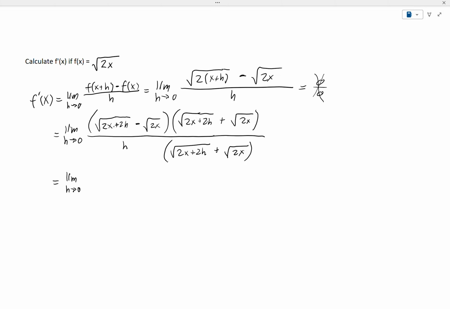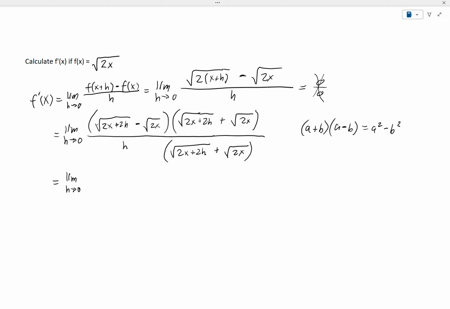Whenever we multiply something by its conjugate, this simplifies things really well for roots. Because imagine if we were to do FOIL with this, multiply by this, and then this, multiply by this, and whenever you do FOIL like this, you end up getting just the difference of squares, right? A plus b times a minus b is going to equal a squared minus b squared.